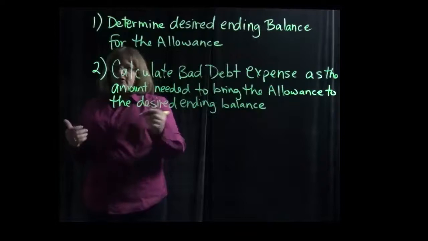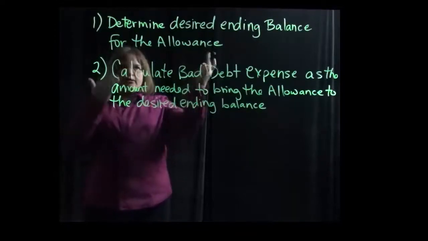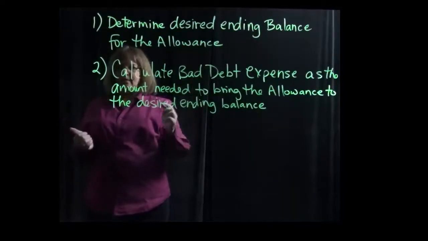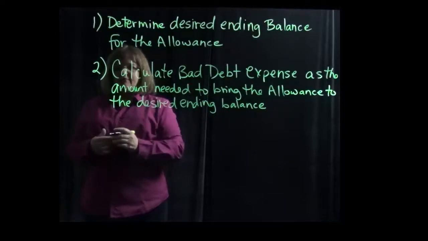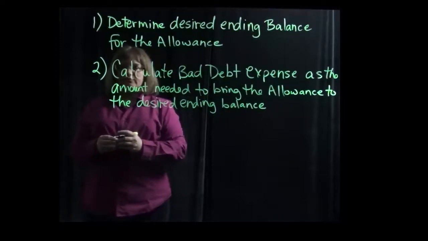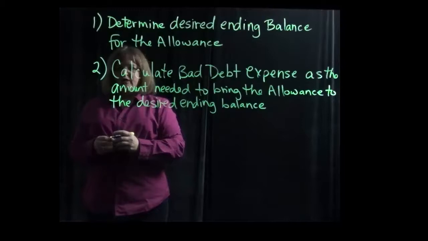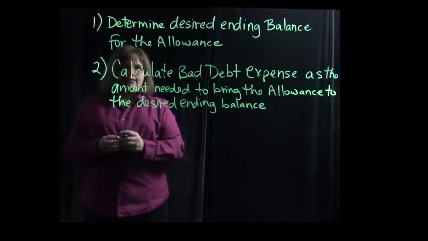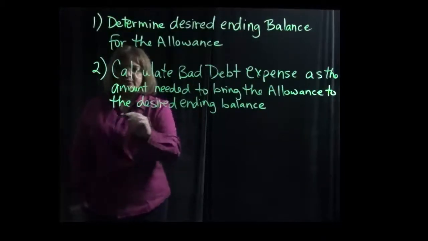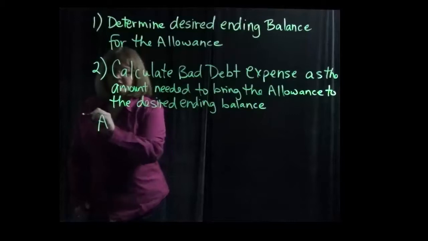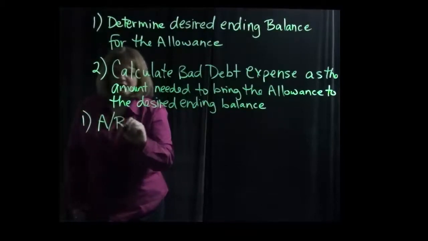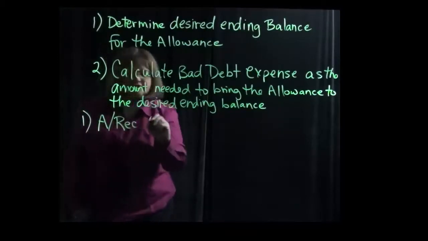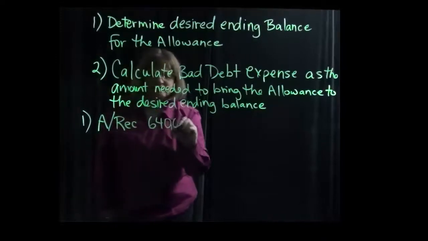So first of all, we're going to look at what we think the uncollectible amount is. And in this company, we're told that it's 5% of the accounts receivable that will become uncollectible. And we're given the unadjusted ending balance in accounts receivable. So currently, we're doing part one here, accounts receivable is currently $640,000.